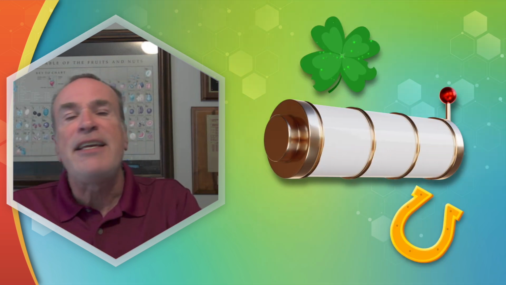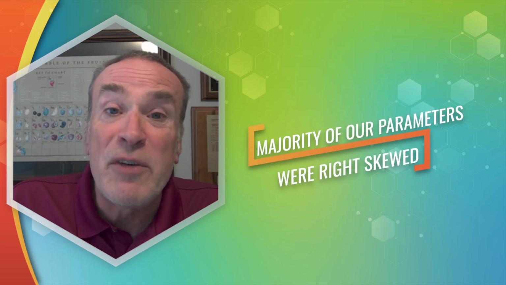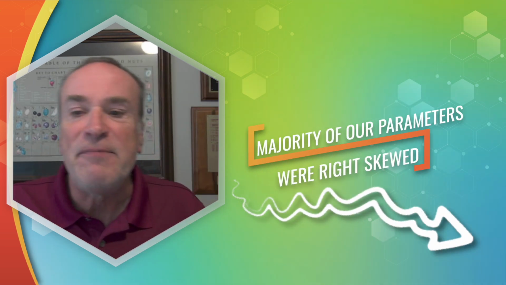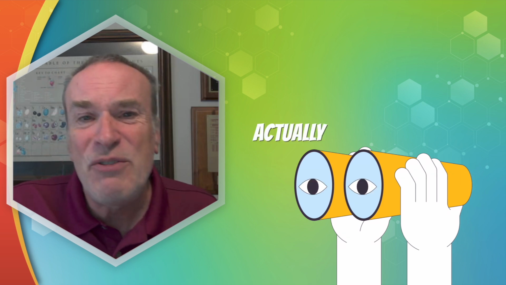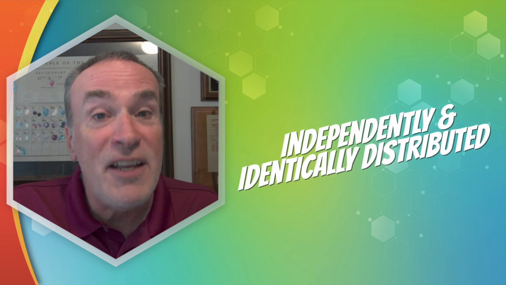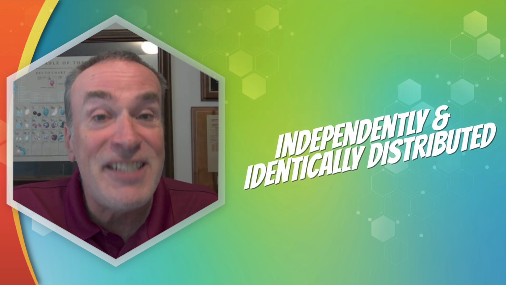I was lucky early in my stats career that I worked in the semiconductor industry making silicon wafers. The majority of our parameters were right skewed. That means the long tail off to the right. Even parameters that looked normally distributed actually violated the fundamental principle of statistics, meaning that they were independently and identically distributed.